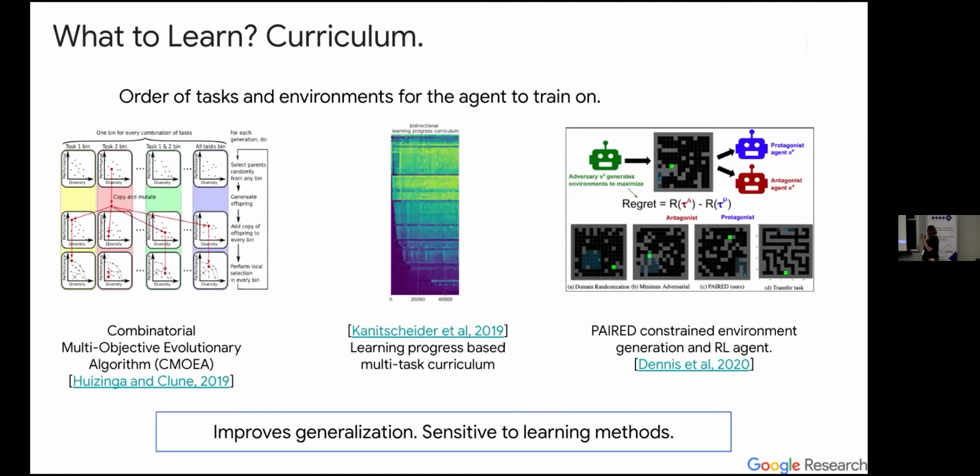And it improves generalization. It's very sensitive to tasks, as well as to learning methods. There's lots of current work in this space. One thing that's very interesting is that we're talking about new algorithms and hyperparameters, and that improves the agent. This does not touch the agent.